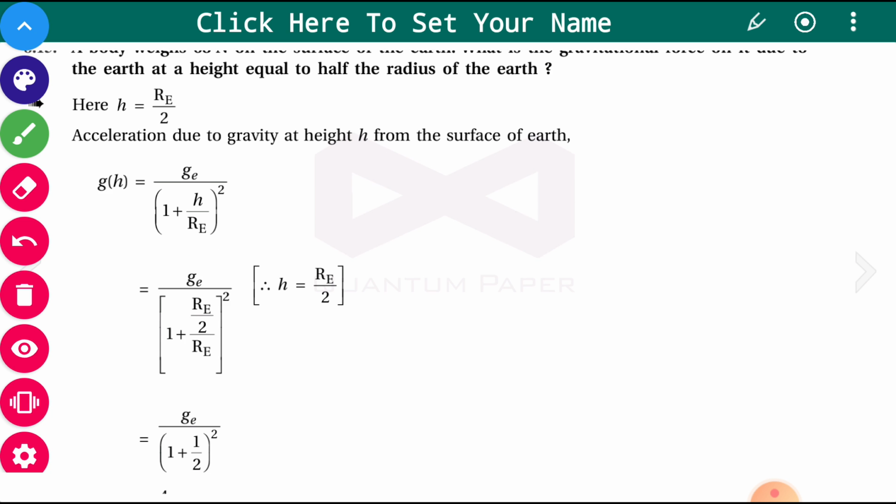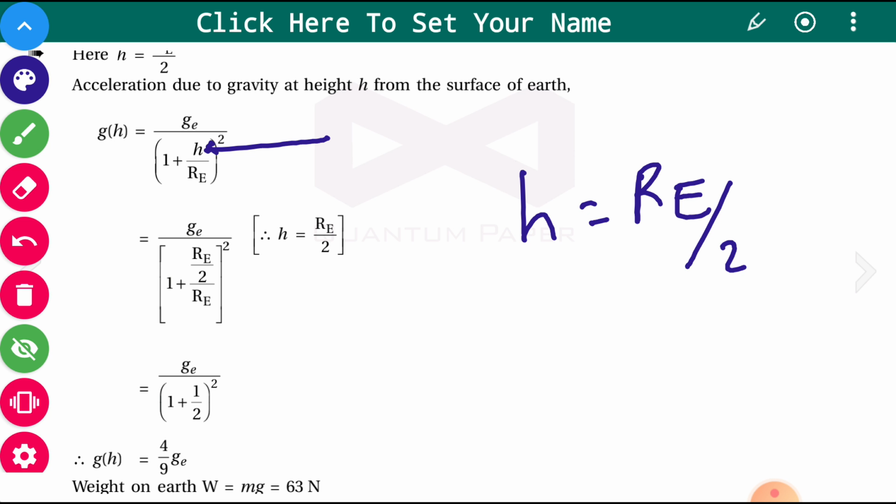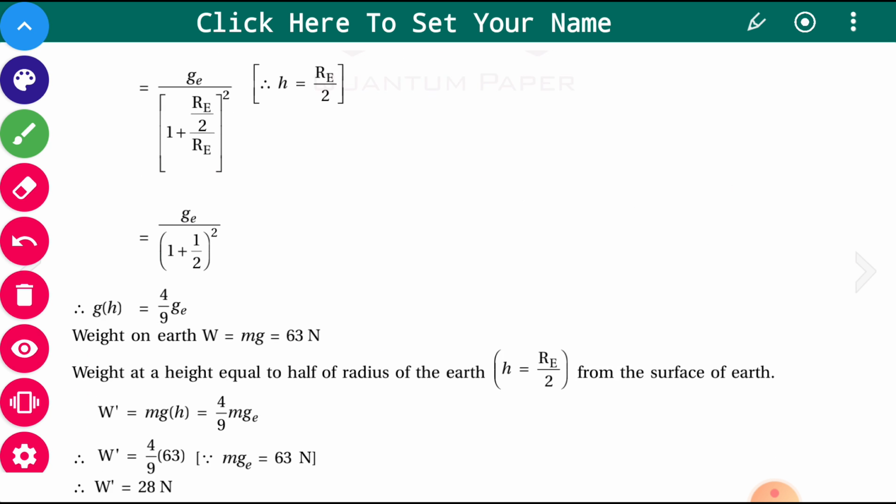Now if you simplify it by placing the value of h, which is nothing but Re by 2, in place of h we write Re by 2. This Re will be cancelled out. It becomes 1 plus 1 by 2 the whole square. In the numerator, ge remains as it is.